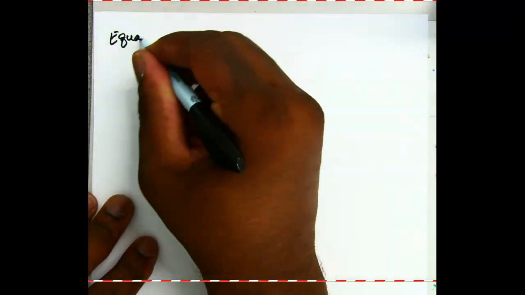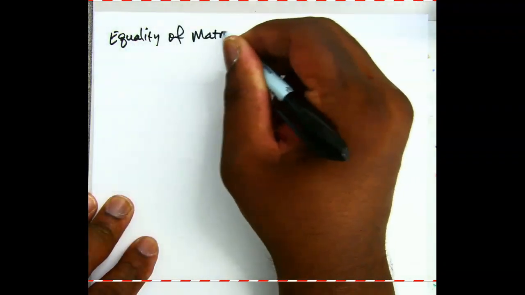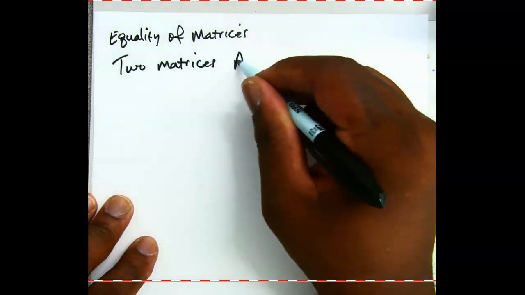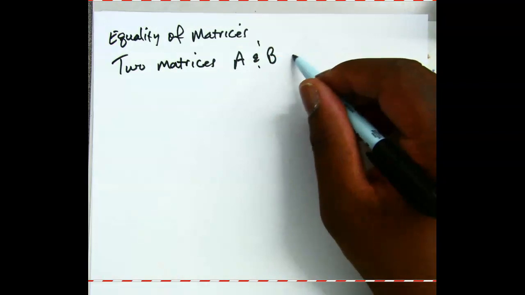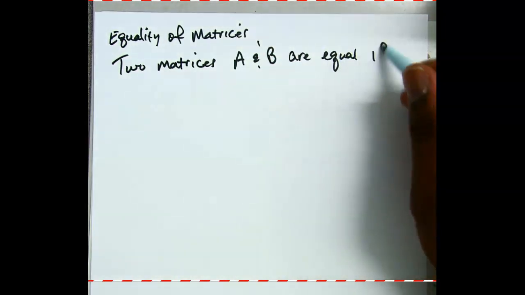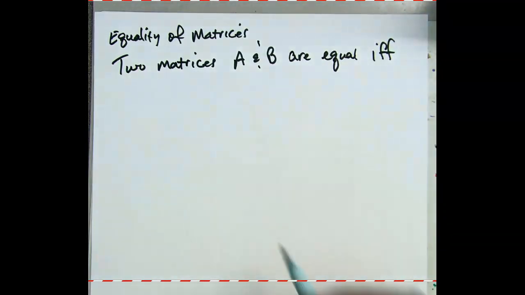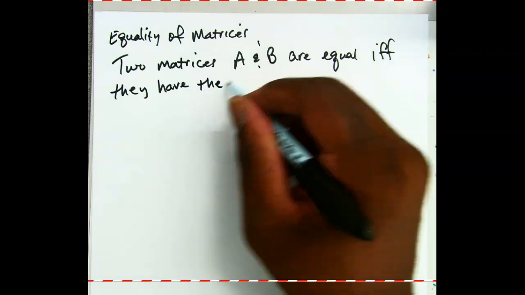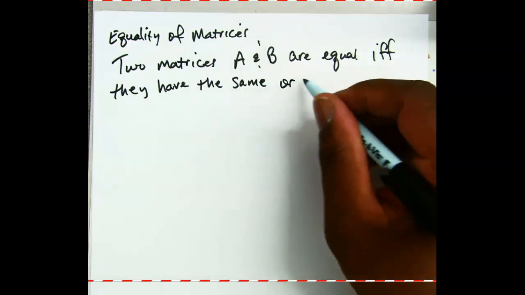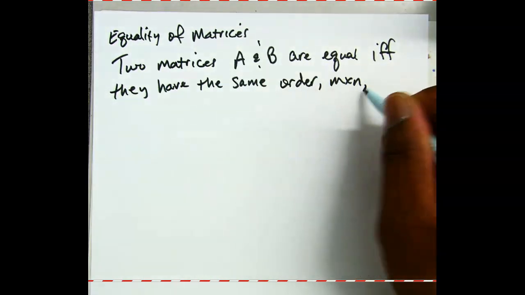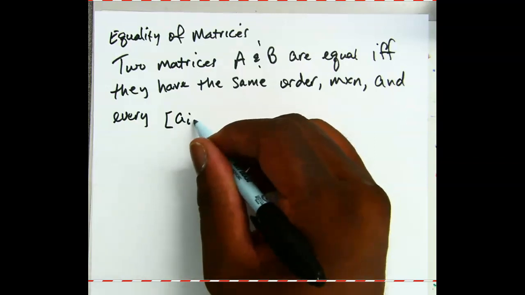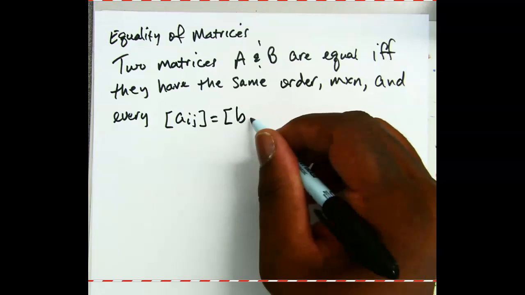All right, so equality. Two matrices, A and B, are equal if and only if they have the same order, so that's the m by n, and every a sub ij is equal to every b sub ij.